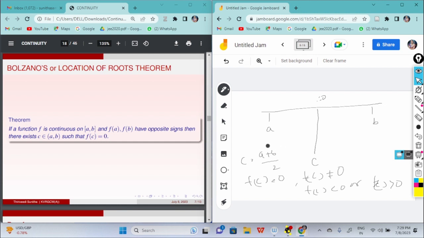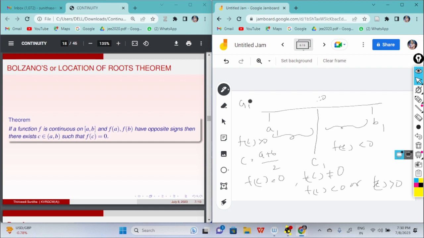Let me take f(c) greater than 0 in this interval and f(c) less than 0 in this interval. Let me take this c as c1, this a as a1 and b as b1.